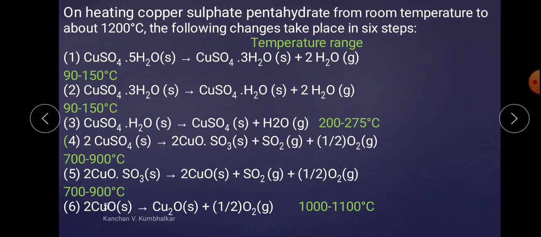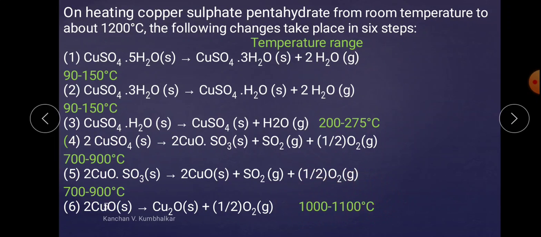Similarly, the fifth reaction occurs where CuO.SO3 is converted into CuO with the liberation of SO2 and O2 in the temperature range of 700 to 900 degrees Celsius, and the final decomposition occurs between 1000 and 1100 degrees Celsius.